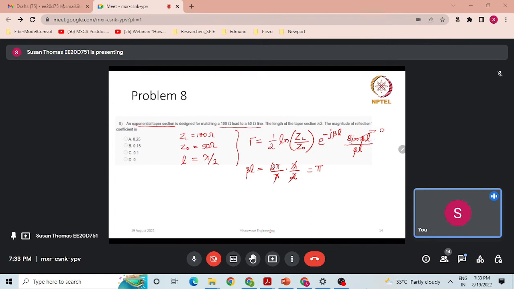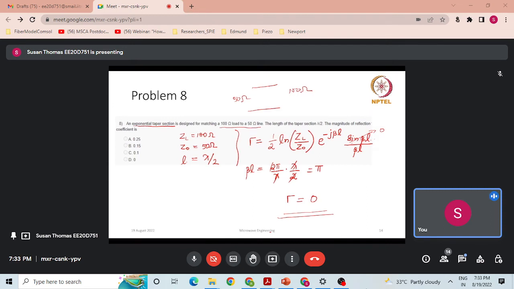So the reflection coefficient is 0. We use a taper section to match one impedance to the other, that means to match a 50 ohm line to a 100 ohm load, and this exponential taper section has 0 reflection coefficient.